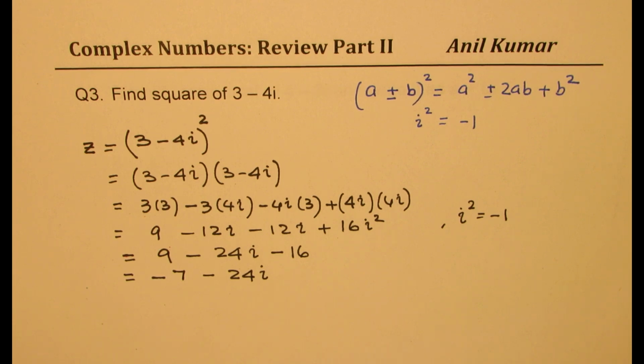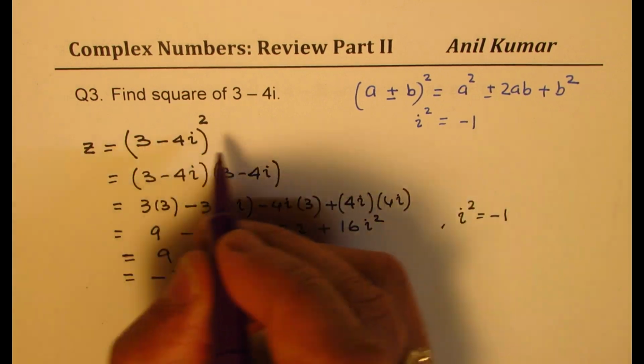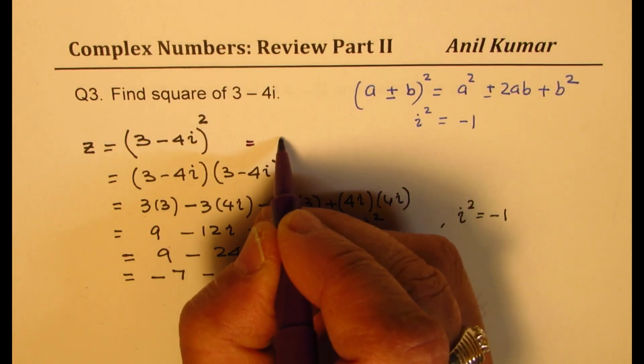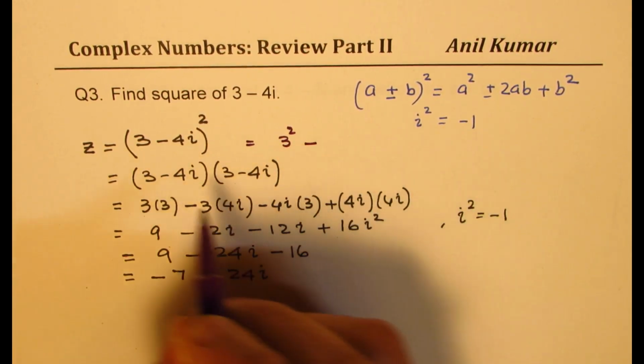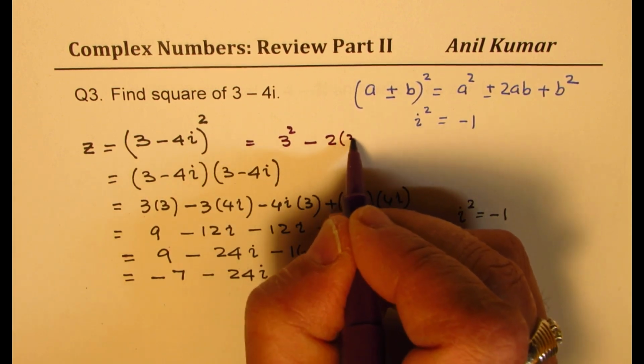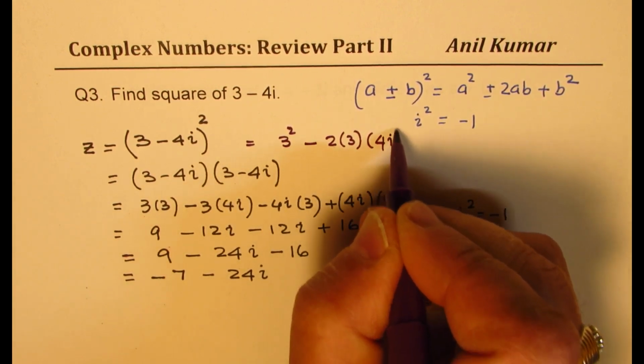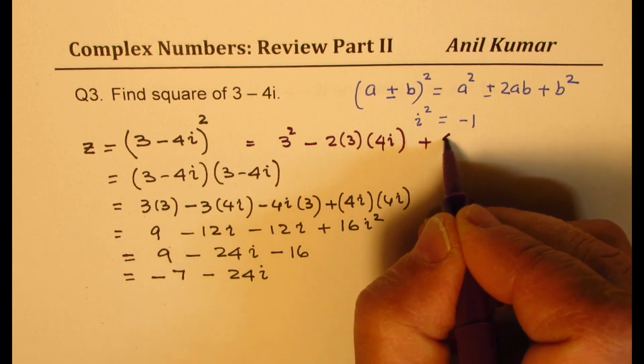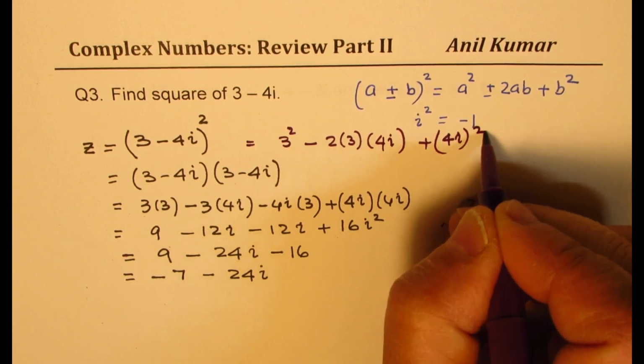You could have done it directly also. So if you do direct, you will get 3 squared minus 2ab, that is 2 times 3 times 4i, plus 4i square, right? Whole square.